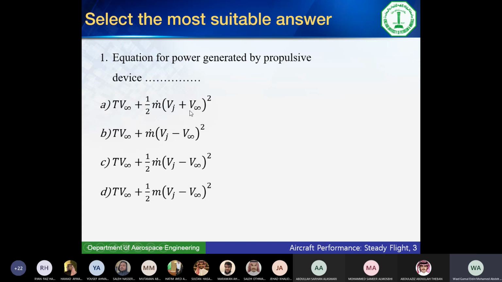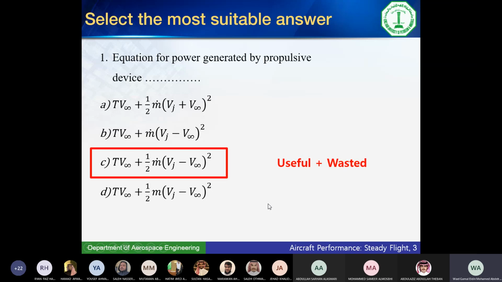The wasted energy represents the difference in kinetic energy between the exiting jet and the entering flow of air. So you cannot have a plus sign; it has to be the negative sign. Okay, so the answer here is C, and it's useful plus the wasted. Okay.